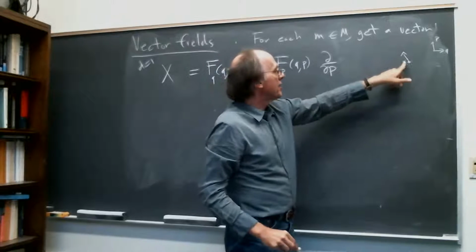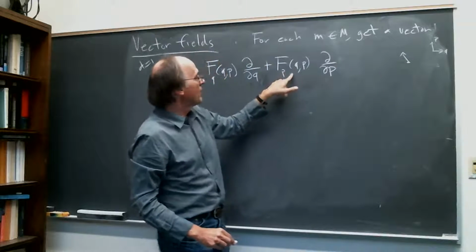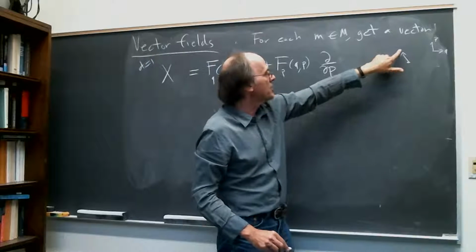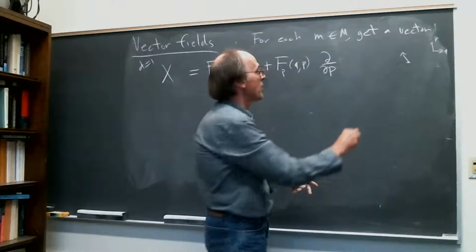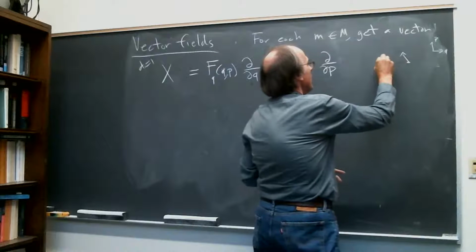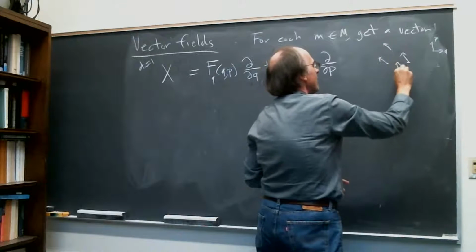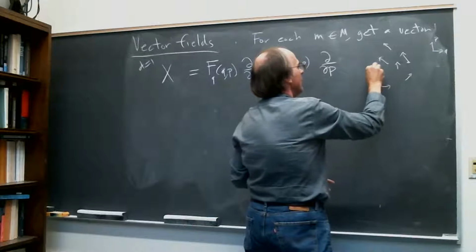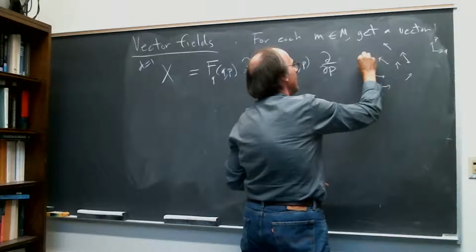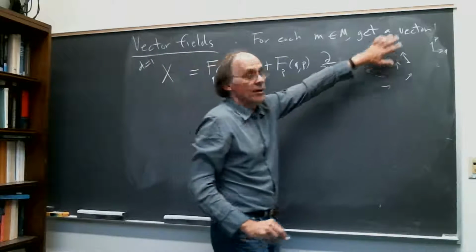then this has a certain component in the... This guy measures your component in this direction. This guy measures your component in this direction, and the point is that you have one of these everywhere. So this is the picture you should have in mind for a vector field.